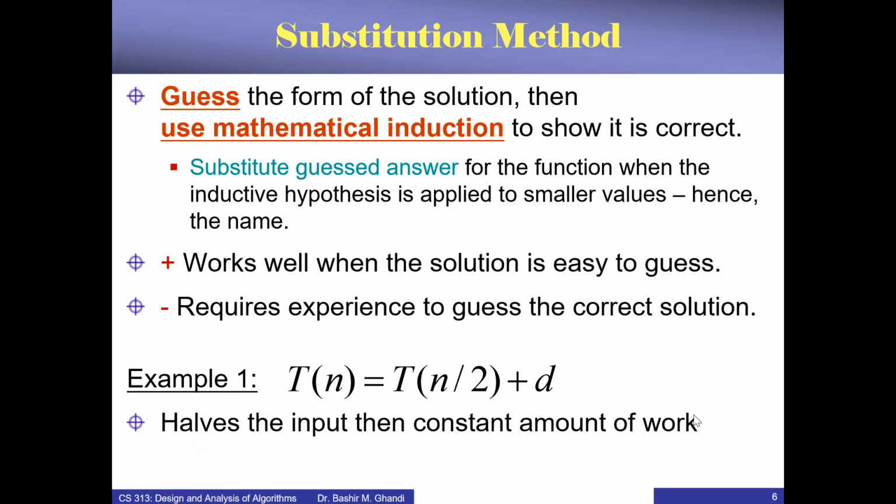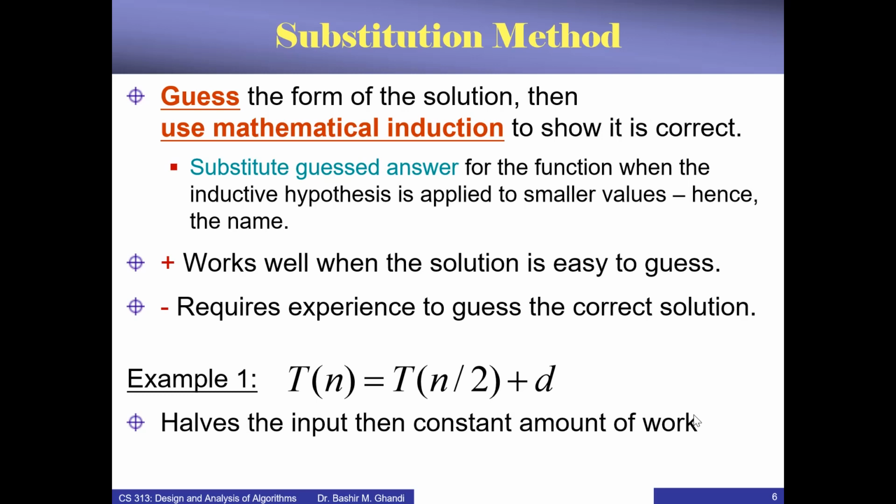So think about this. Which algorithm in your experience works like this? If you think very carefully, this is exactly what binary search does. You come in with an array of size, let's say, 64, and you're trying to search for an element.